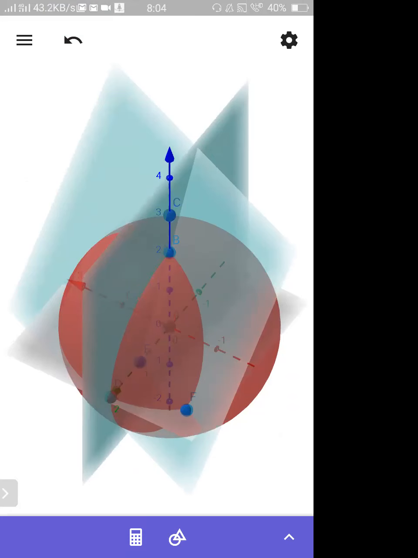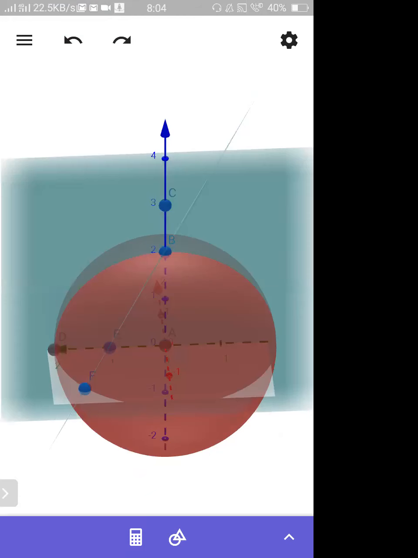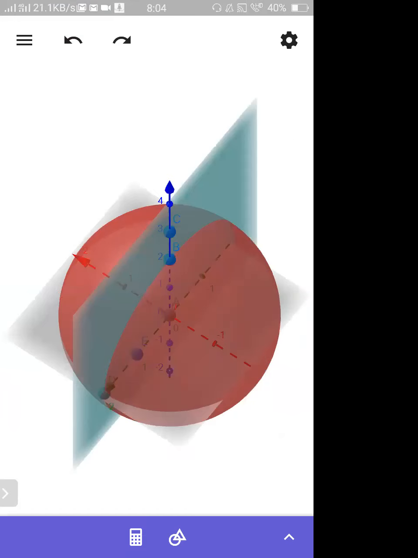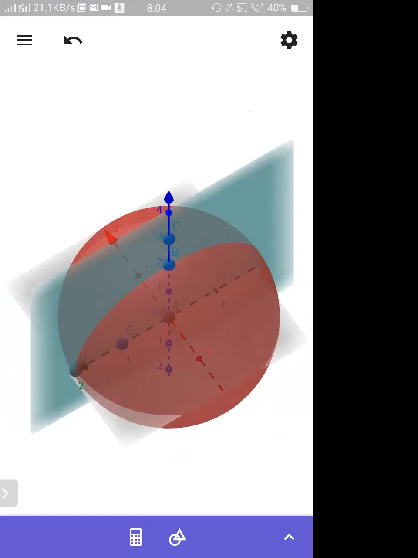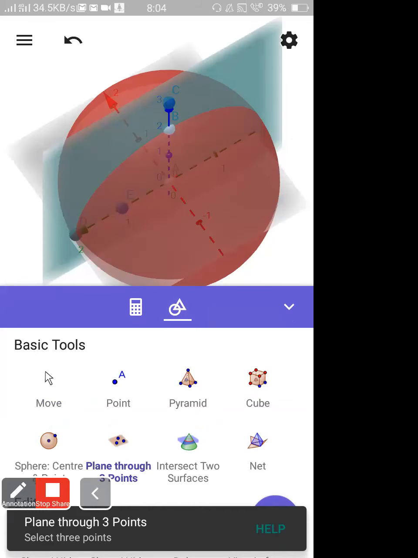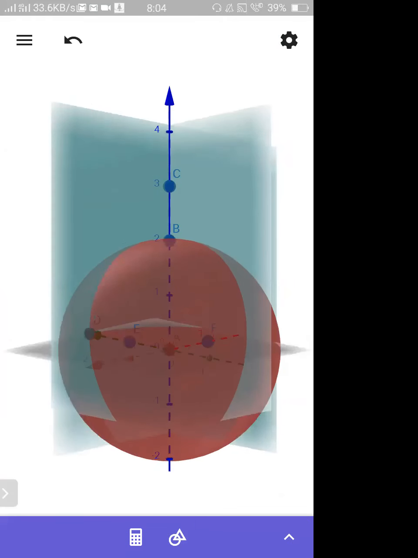Actually, the plane has to pass exactly through, but can somebody make that plane if you are on a computer? Or otherwise, I will choose a plane at 90 degrees, then it will be okay, no problem. Okay, sir, I have formed two planes.